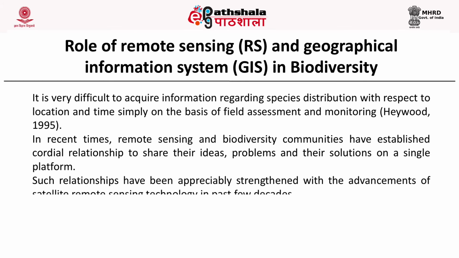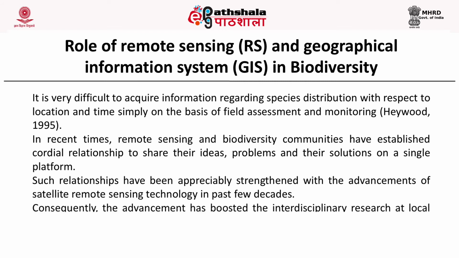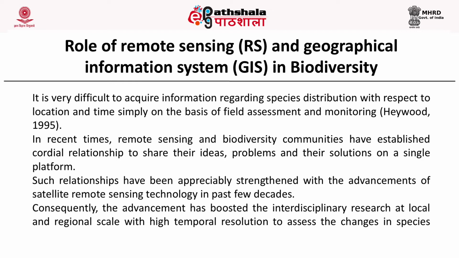Such relationships have been appreciably strengthened with the advancement of satellite remote sensing technology in the past few decades. Consequently, the advancement has boosted the interdisciplinary research at local and regional scale with high temporal resolution to assess the changes in species distribution, loss of habitat and so on.